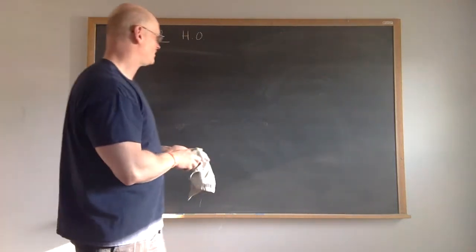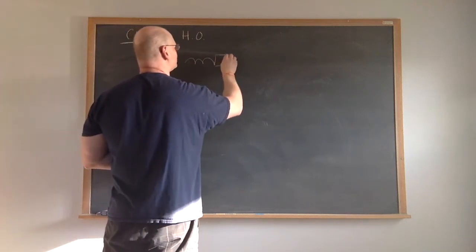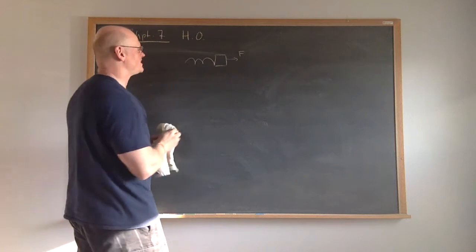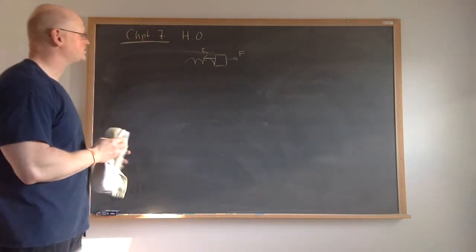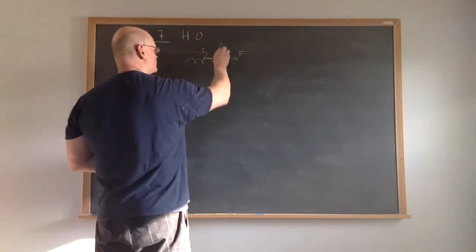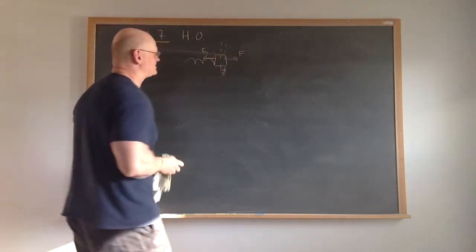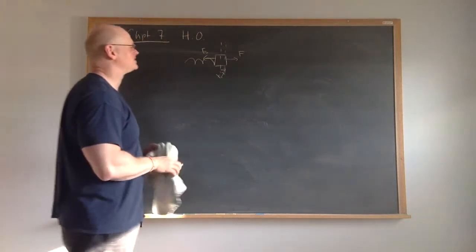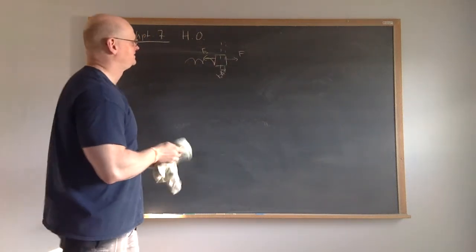If this is my spring mass system, and I'm trying to pull this thing in this direction by applying a force F to it, I have to counteract the spring force in the opposite direction. So how much work do I need to do to move this thing by an amount of x from some initial position x0 to some final position? Let's move this by an amount of dx.